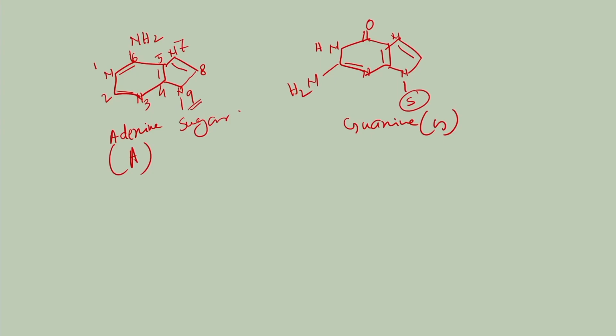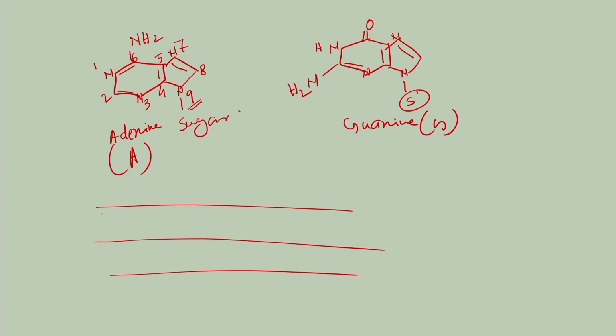Similarly, if you look at adenine and guanine, let us consider guanine first. Guanine has one N3 position here as well as N7 here, these two. This is attached to the sugar.